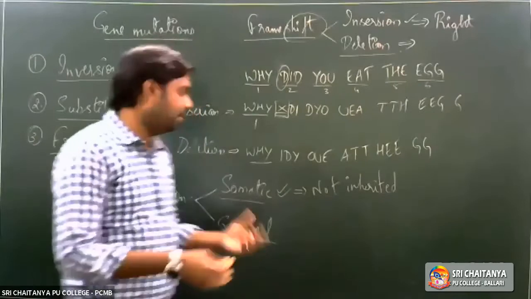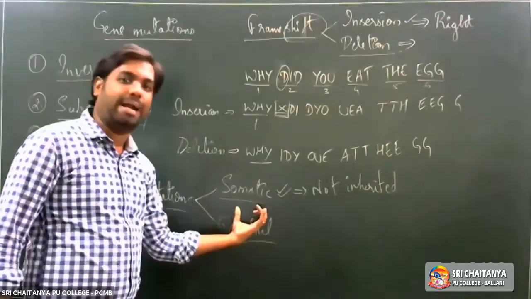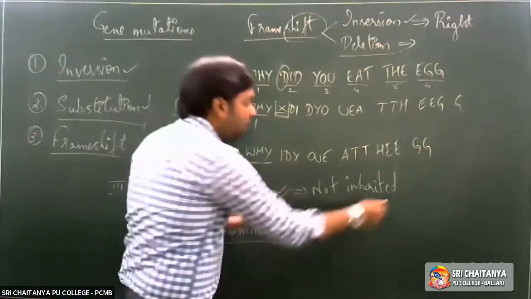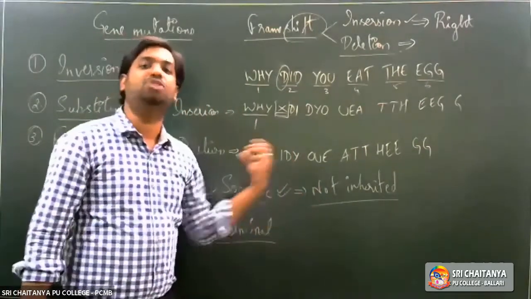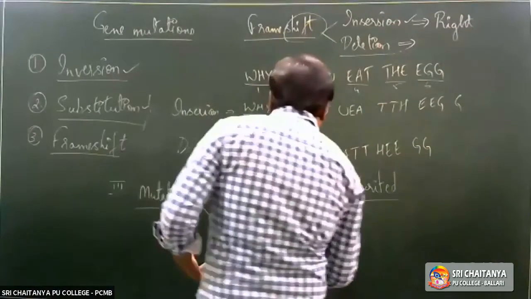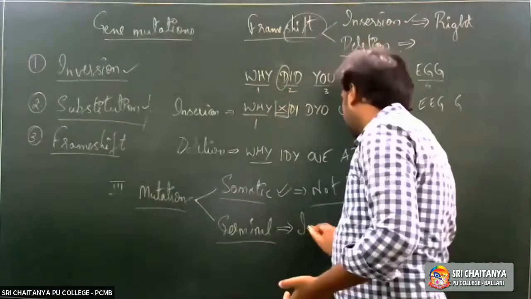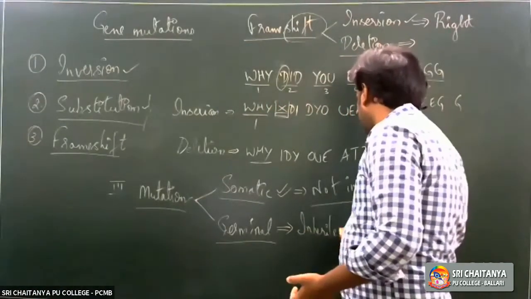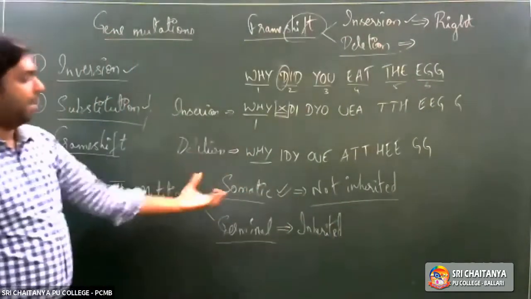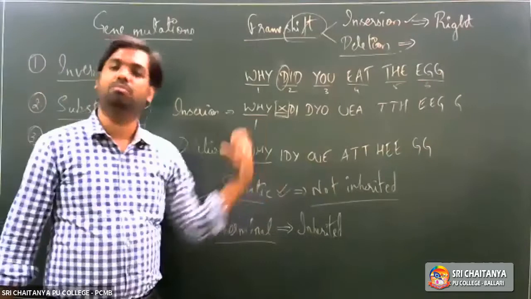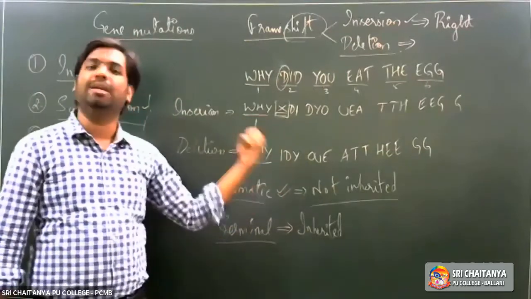So somatic mutations are actually not inherited, whereas the mutations that occur in the germinal cells are said to be inherited mutations. Somatic mutations are not inherited; germinal mutations are inherited.